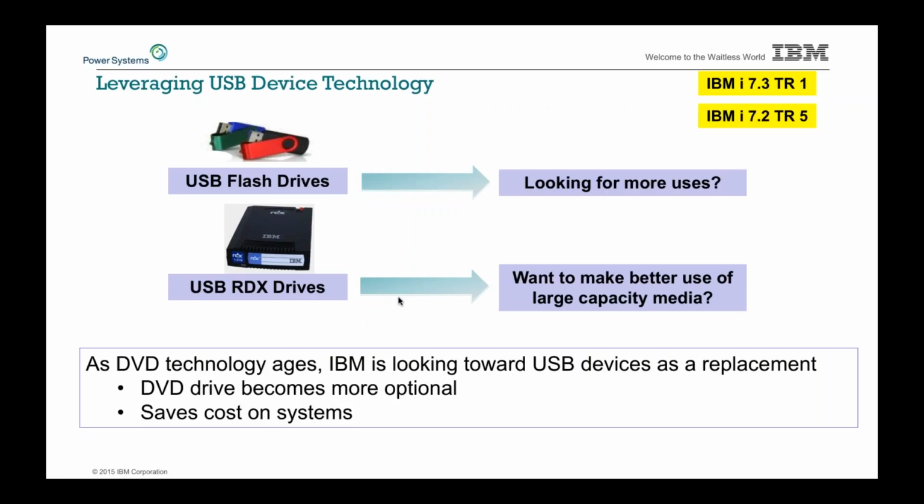Some of those technologies are becoming very long in the tooth, and really, as we look into the future, are likely not going to be available, nor do we want them available going into the future, because there's better options. Things like a USB thumb drive or a flash drive, for instance, is a fantastic technology, and that's something that we're continuing to invest in here on IBM i and going to be leveraging.